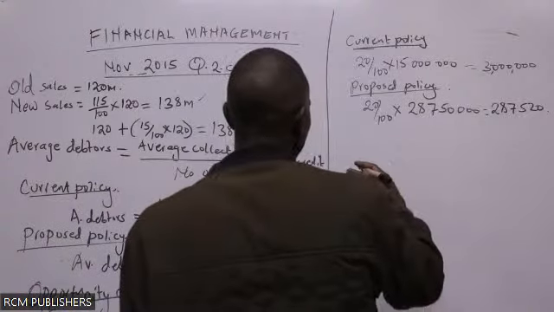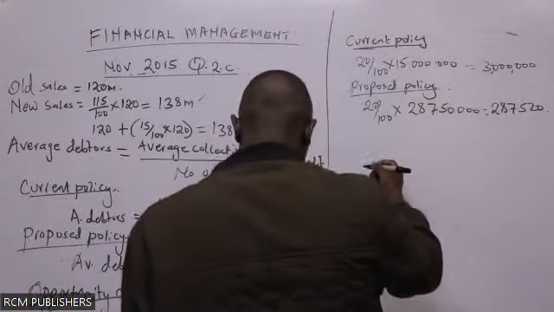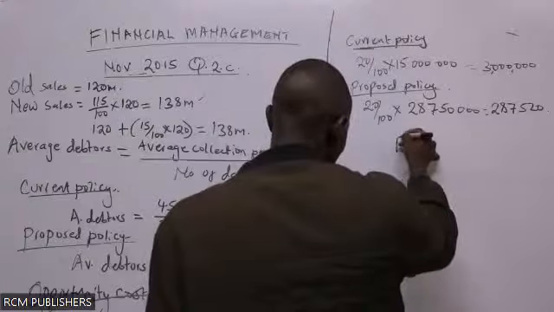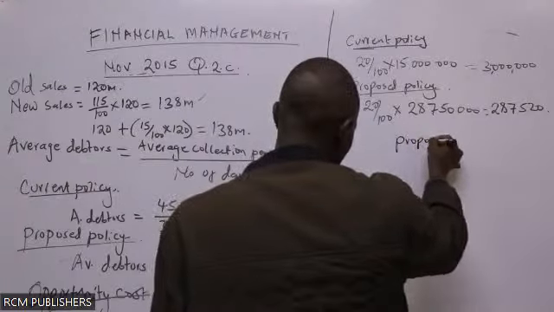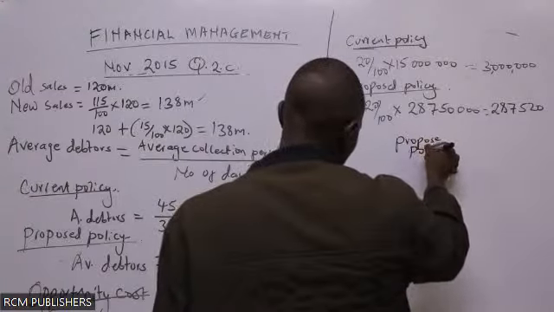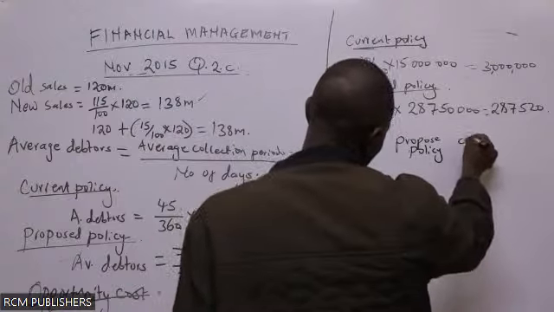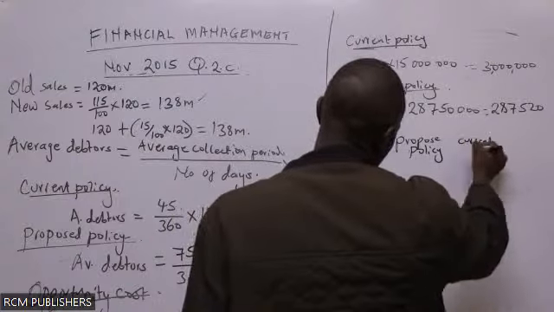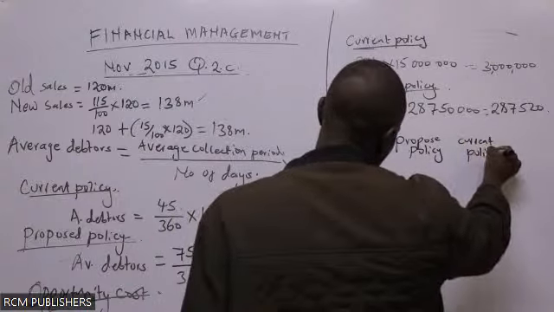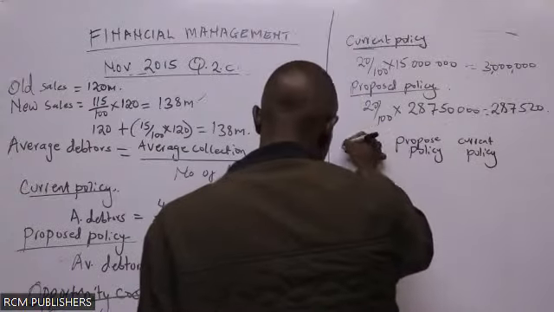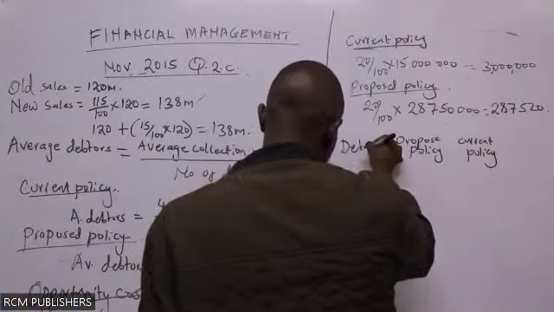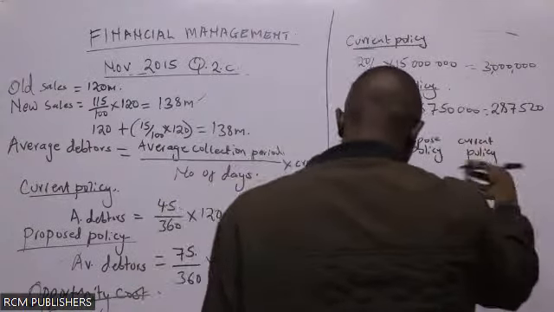You come and say you can have your table of a proposed policy hapa. Then you have current policy. Si hapa unaweza kuwa hata na details ili tuipange tuone profit yenye tunapata.